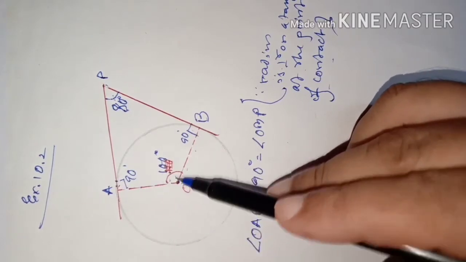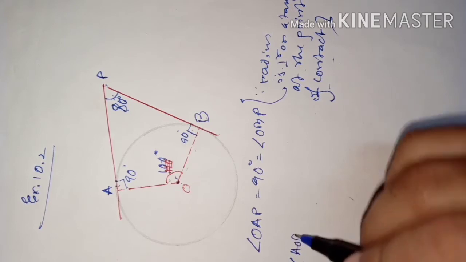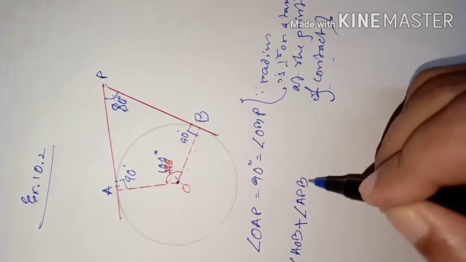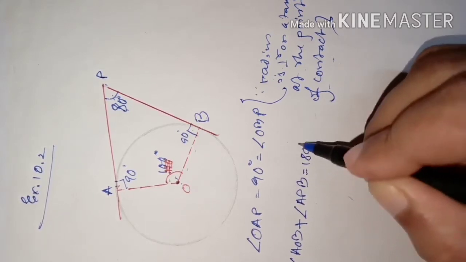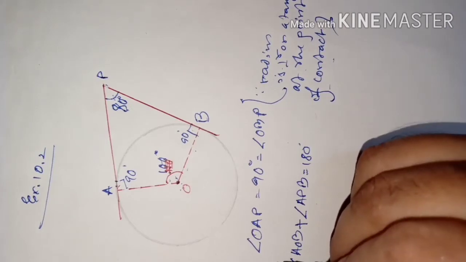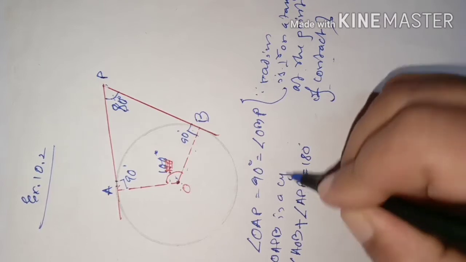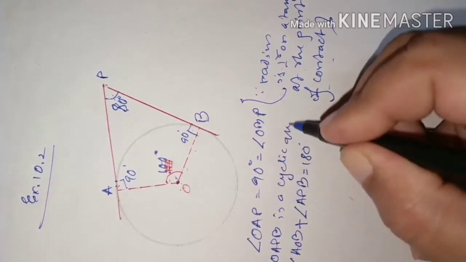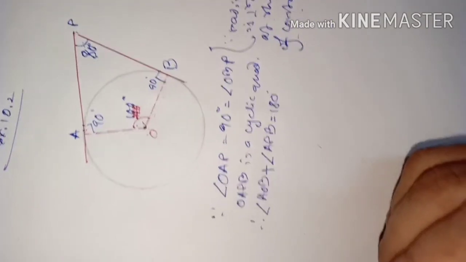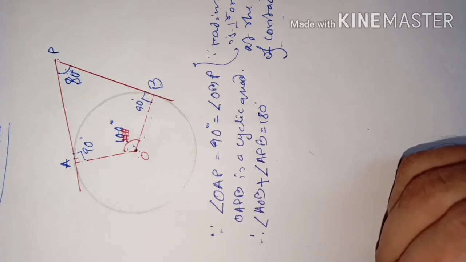Now this angle plus this angle, therefore angle AOB plus angle APB is equal to 180 degree, because OAPB is a cyclic quadrilateral. Therefore, angle AOB plus angle APB is equal to 180 degree.